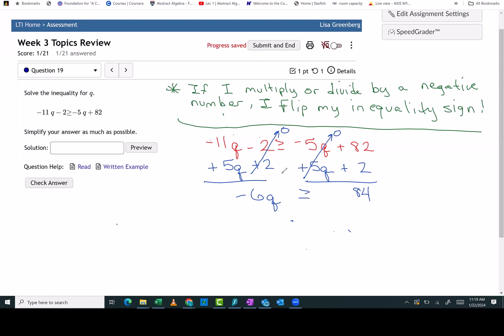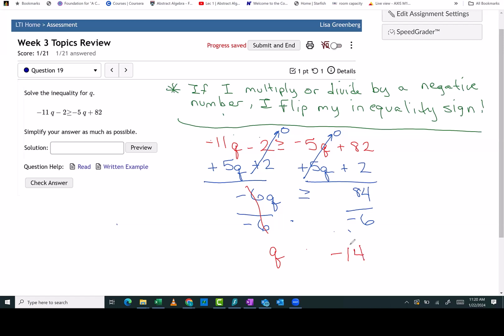My next step, I'm still trying to find out what q is, so I'm going to isolate q by dividing both sides by negative 6. The negative 6's cancel, and I end up with q on the left. On the right, I have negative 84 divided by 6. 8 divided by 6 is 1. 24 divided by 6 is 4.